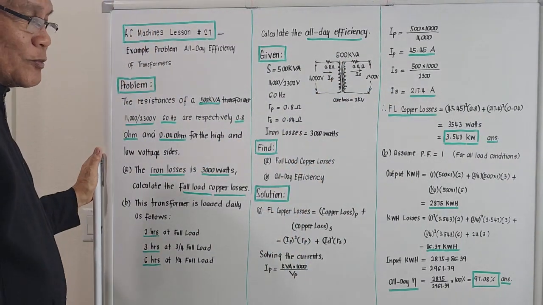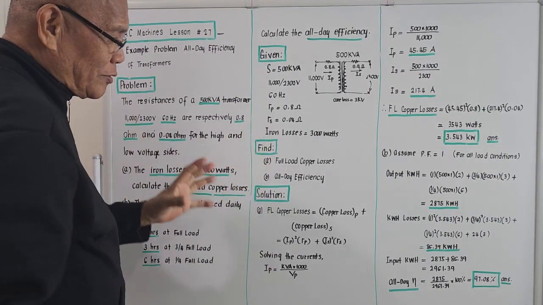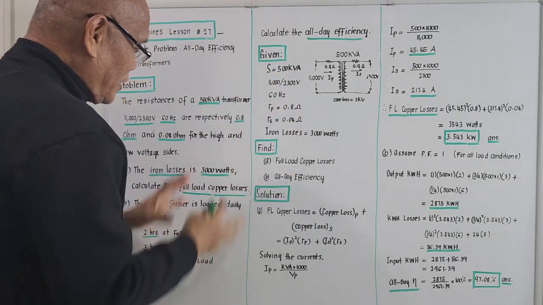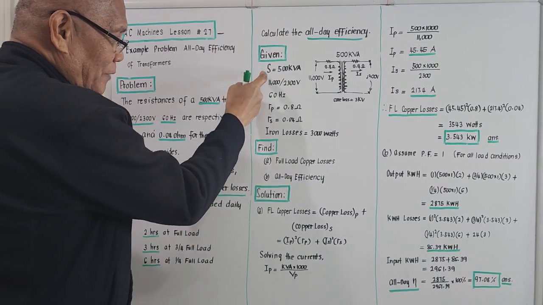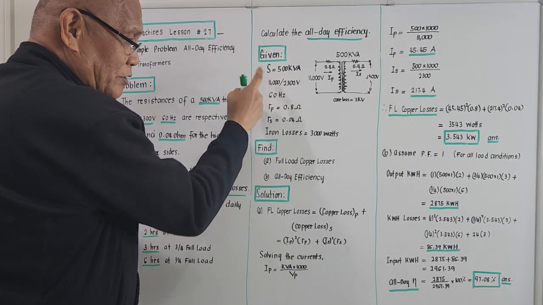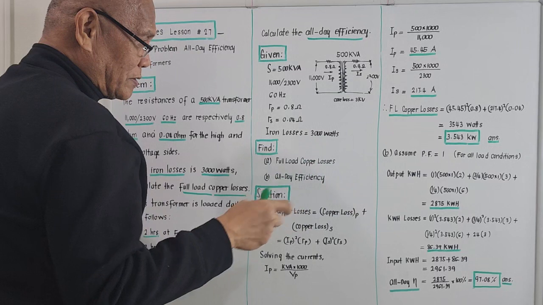Okay, let's try to bring out the givens. We specify the givens, so when we go to the calculation, we'll just go back to the numbers placed on the givens, right? You don't have to go back anymore to the verbal problem. The total apparent power is 500 kVA. Capital letter S is the designation for the total apparent power for transformers or AC circuits.